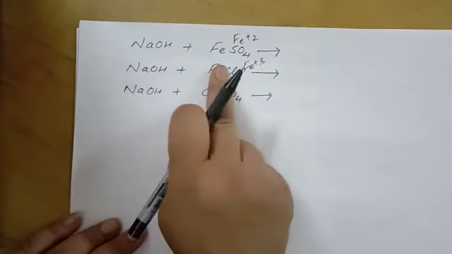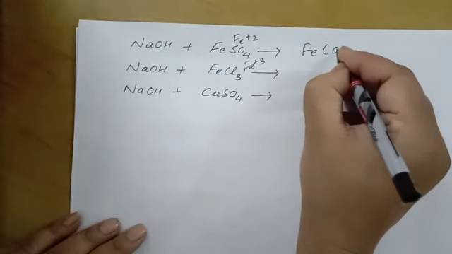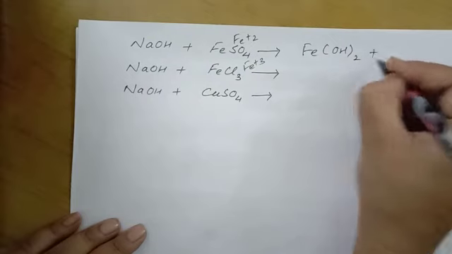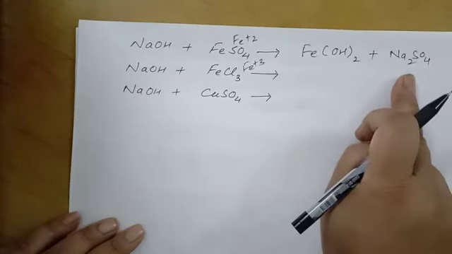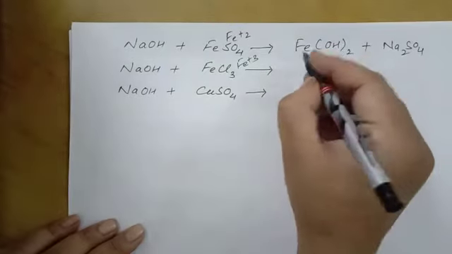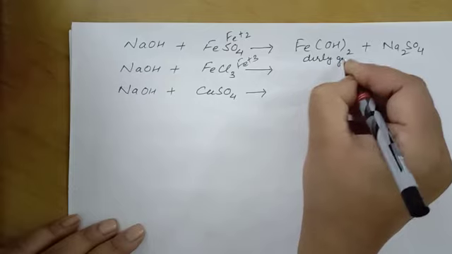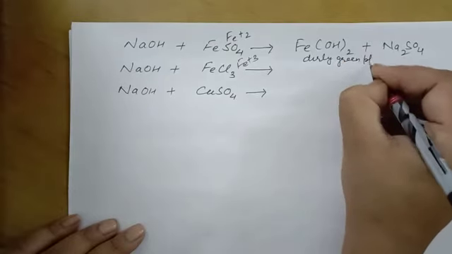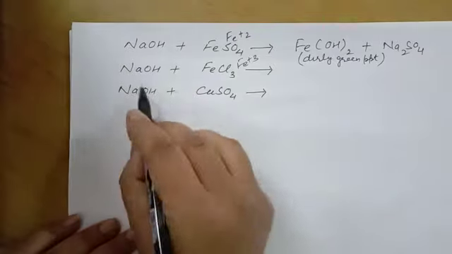So NaOH when reacted with ferrous sulfate gives ferrous hydroxide plus sodium sulfate, a soluble sodium compound. Ferrous hydroxide is a dirty green PPT. I already told you ferrous salts are blue or green.